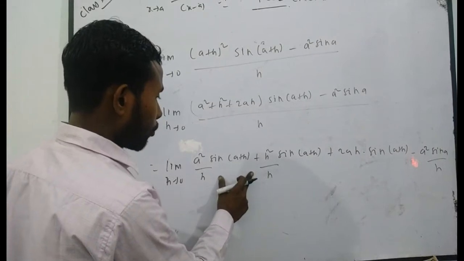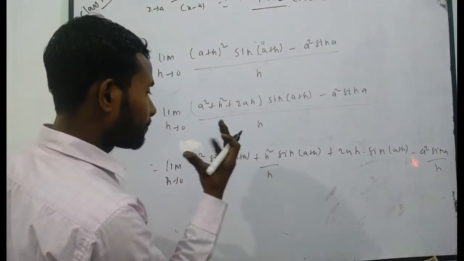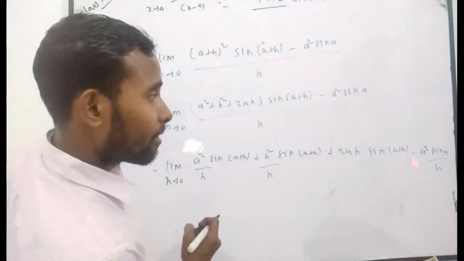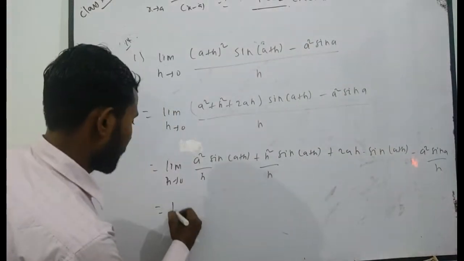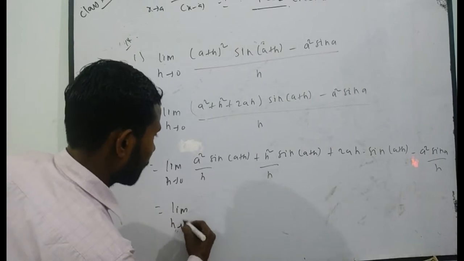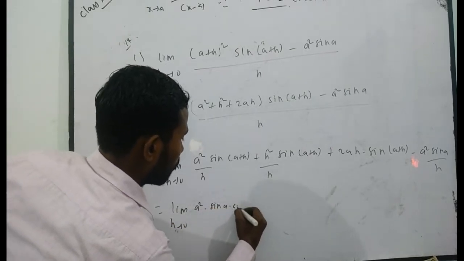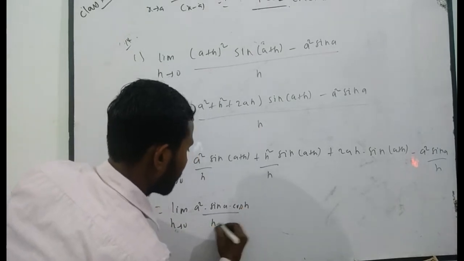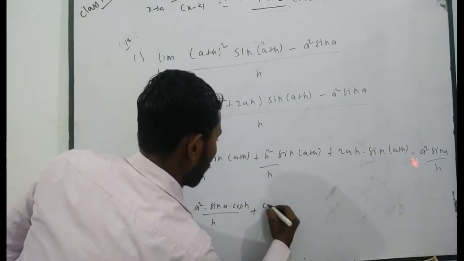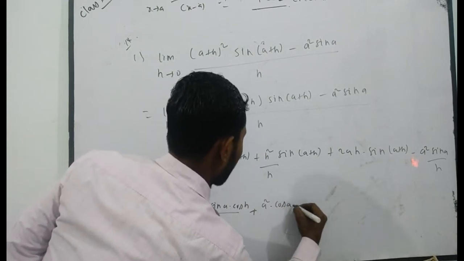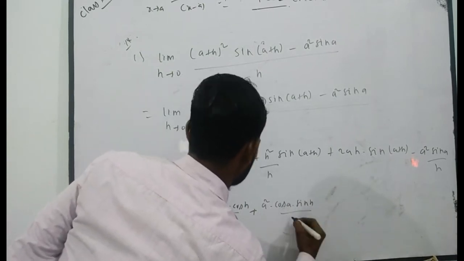If you apply this formula, in that case you get some standard format. Limit h tends to 0, a square into sin a into cos h by h plus a square into cos a into sin h by h.